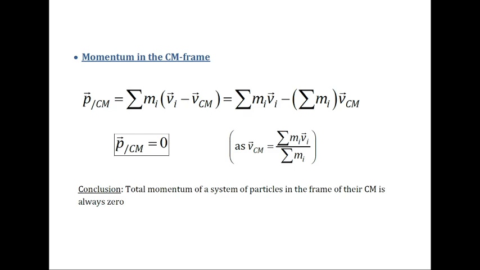So it is the total momentum of the system divided by the total mass of the system. So if you plug this formula in the second term, you will find that these two terms reduce to the same thing, and the momentum relative to the CM of the entire system, the total momentum of the system, is 0.